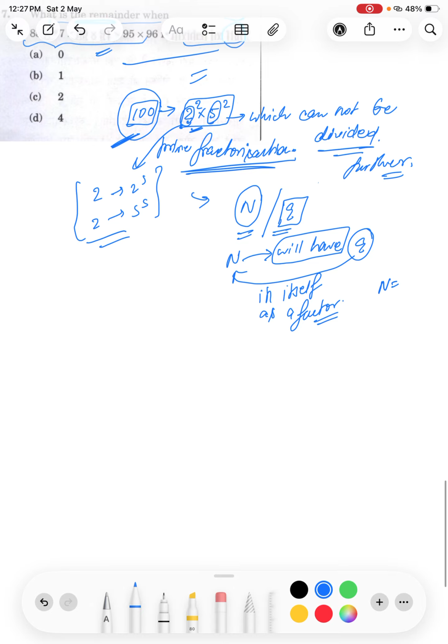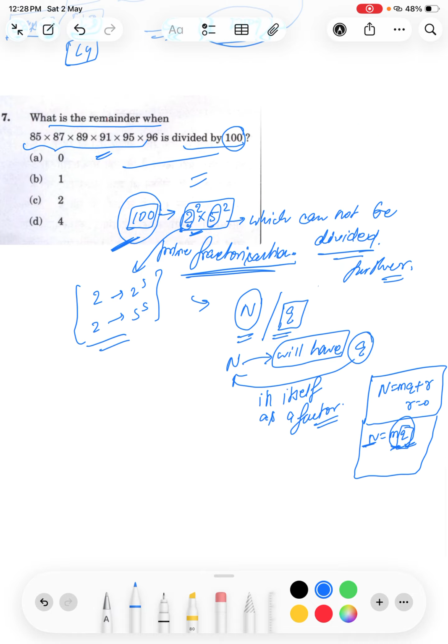When I was writing N is equal to MQ plus R, in this case what I am saying is N is completely divisible by Q, means R is 0. It means N is equal to MQ, right? What does this mean? Q is there in N as a factor, right?